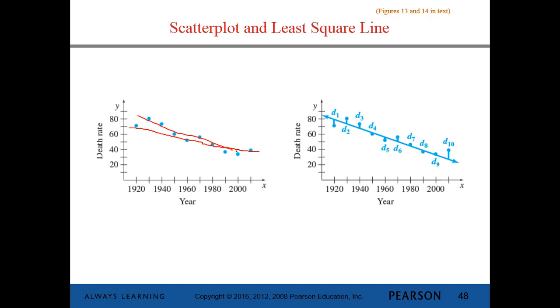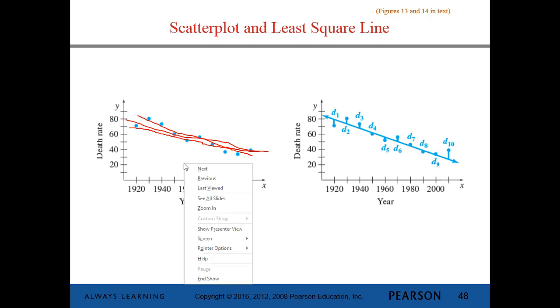I could draw a line this way, I could draw a line this way, my artistic skill notwithstanding. But you get the point. So the question is, what's the best line? And that's where the least squares line comes in. That's what we're going to talk about.